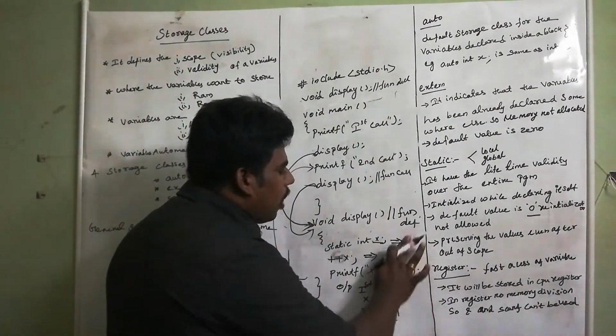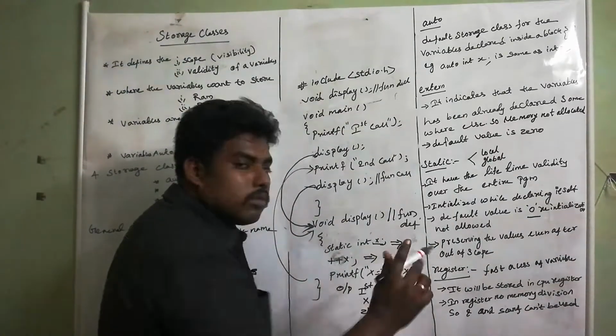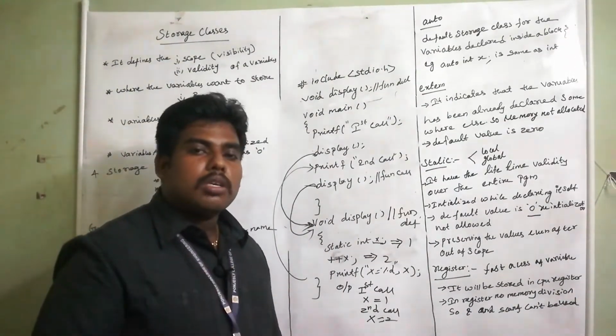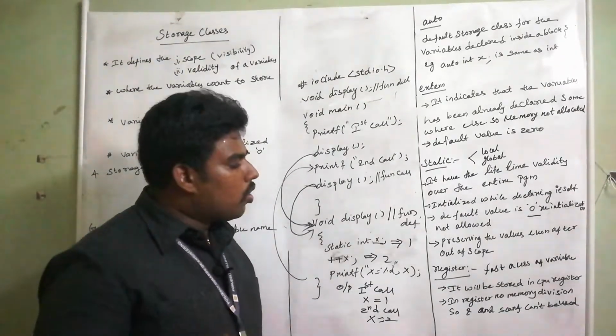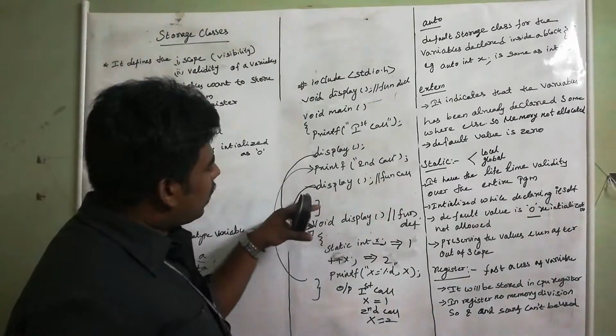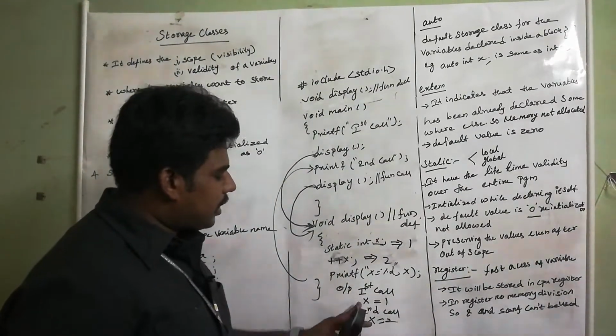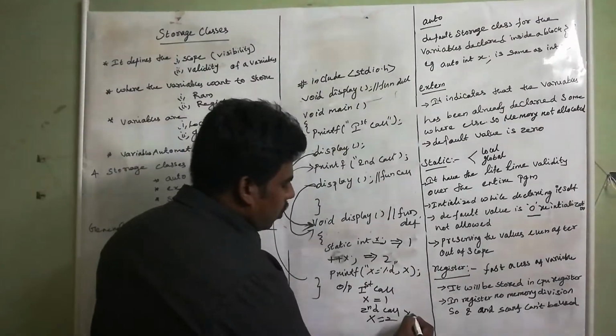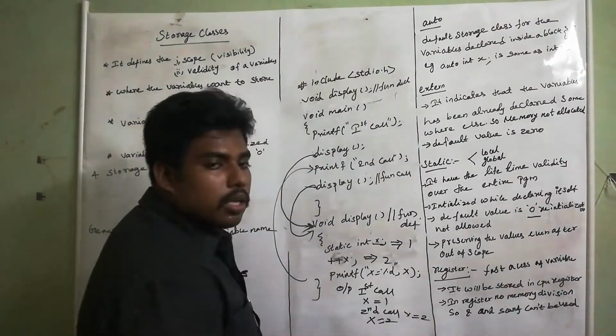Now it is 1 and 2. All of you got the difference? Static will preserve the values even after it goes out of the scope. So now your first x value is 1, second x value is 2. Okay, all of you understood?